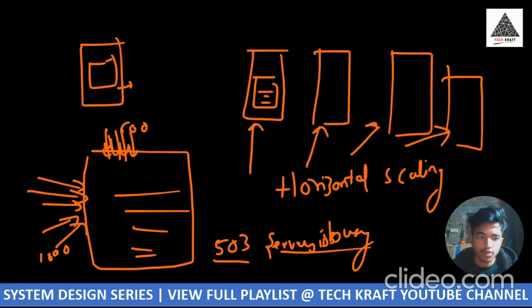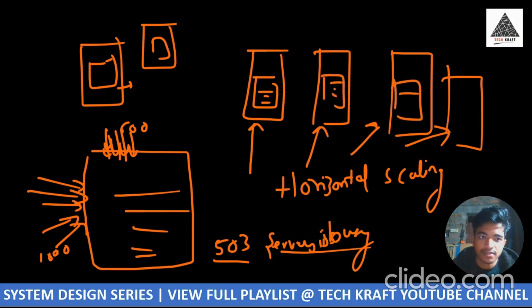If you want to scale your web servers horizontally, the problem is that scaling with the database is a big problem. You cannot easily scale with the database. It's not that easy to scale servers with a database. So what to do?